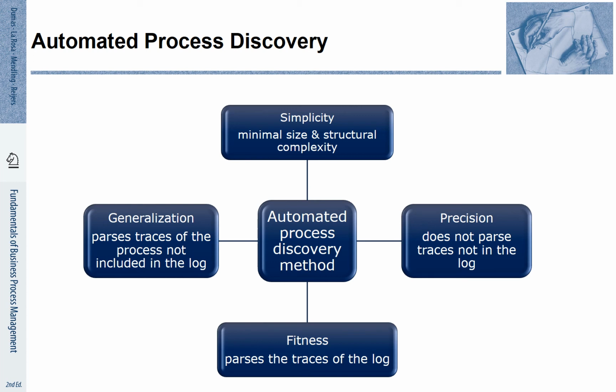Precision means that it does not include any extra behavior that we did not observe in the log. We also want a process model to fit the event log. That means it should actually capture all behavior that we observe in the log.